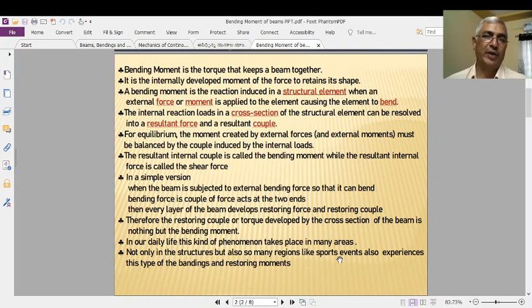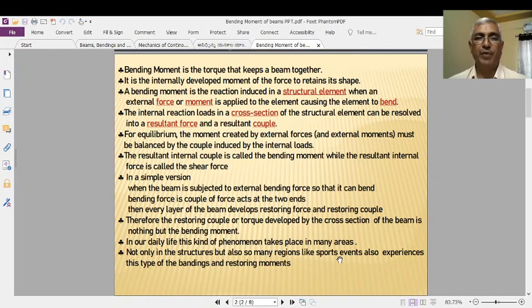Because the restoring moment or restoring torque makes the body regain the same shape when the external forces are removed, because of the property of elasticity. Therefore, in the case of good elastic bodies, when a couple of forces produces some bending moment or bending torque, it is opposed by the internally developed restoring torque or restoring couple.